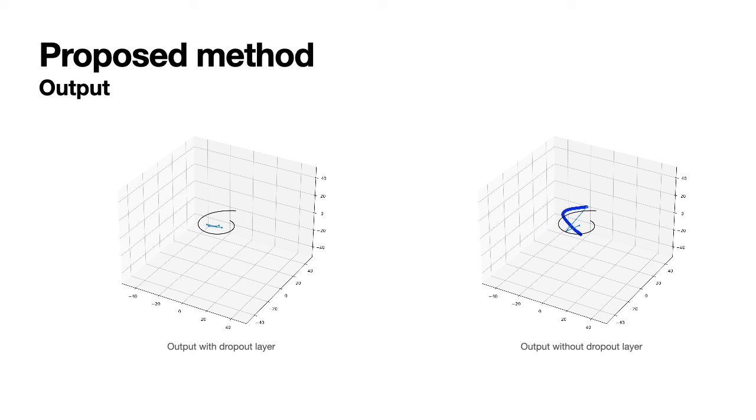As you can see, without dropout layer, the model overfits the trained dataset, so the output trajectory is smooth. But with the dropout layer, because the model ignores some weights, the output is not smooth.